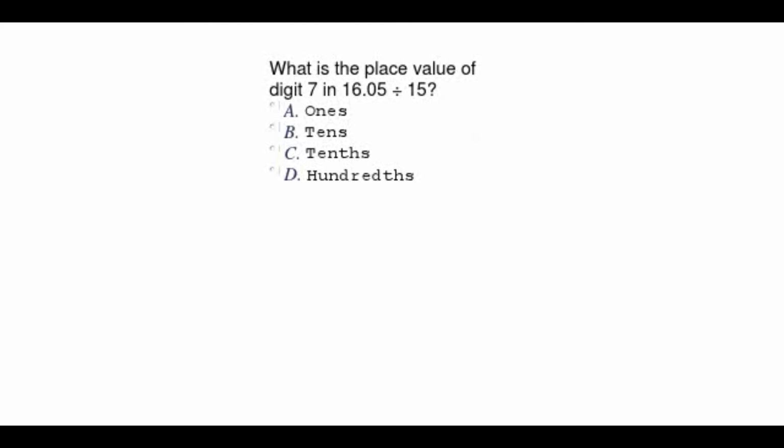What is the place value of digit 7 in 16.05 divided by 15? So we have 16.05 divided by 15. Here we have 2 decimal places for the numerator and there is no decimal in the denominator. So to remove the 2 decimal points, we are going to multiply by 100.